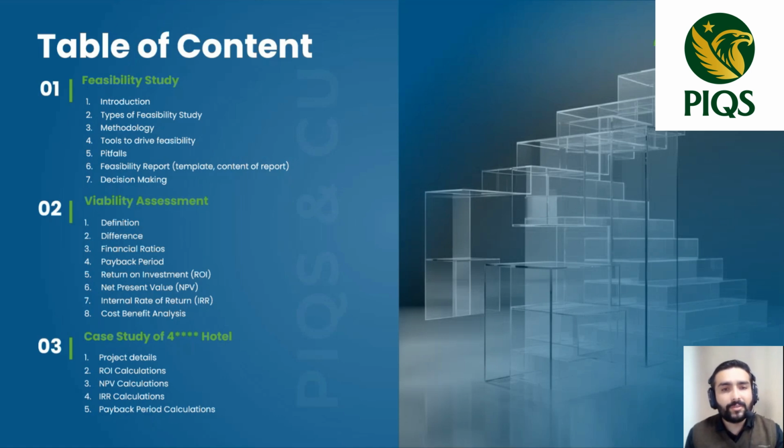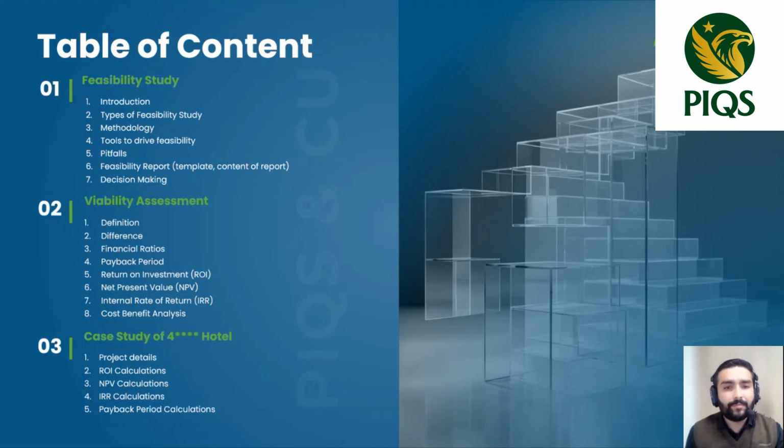In the first part, feasibility studies, we will go through definition and importance, difference between business ideas, feasibility studies, and business plan, types of feasibility studies, methodology of conducting feasibility studies, and feasibility report template. Next, we have viability assessment, where we go through the definition and difference between viability and feasibility, methodology, financial ratios, payback period, ROI, IRR, and NPV.